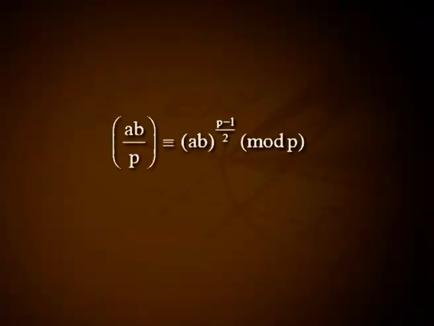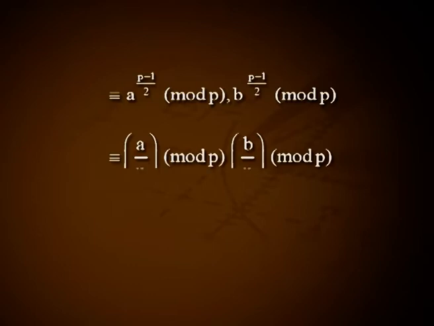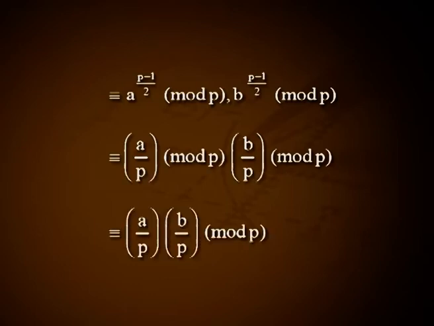Second, by Euler's criterion, (ab/p) ≡ (ab)^((p-1)/2) mod p, which is congruent to a^((p-1)/2) · b^((p-1)/2) mod p, which is congruent to (a/p)(b/p) mod p.